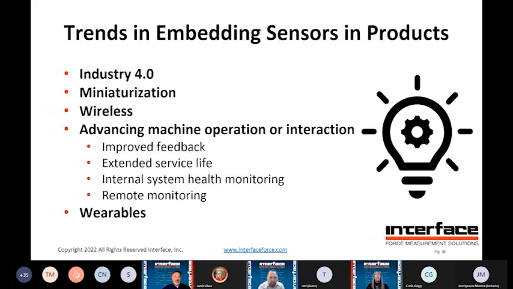Advancing machine operation or interaction: improving feedback, extending service life, monitoring tools, utilizing sensor technologies, internal system health monitoring and remote monitoring. All these things are relating to improving the efficiencies.